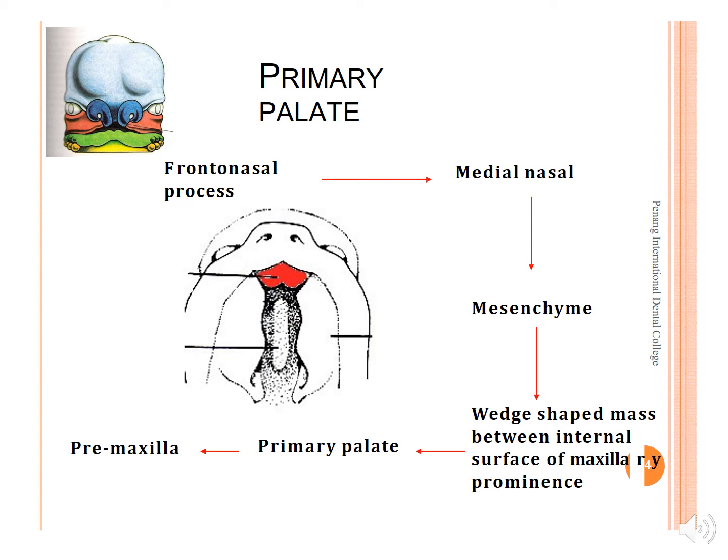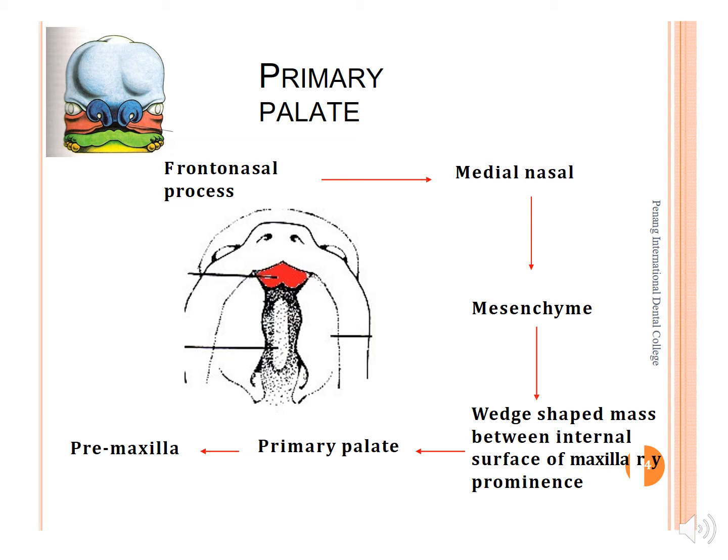This sheet of epithelium is composed of future nasal epithelium superiorly and future oral epithelium inferiorly. The two layers of epithelium are then pulled apart, making the mesenchyme between the medial nasal and maxillary process continuous.